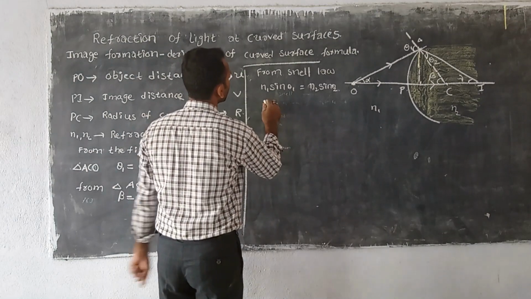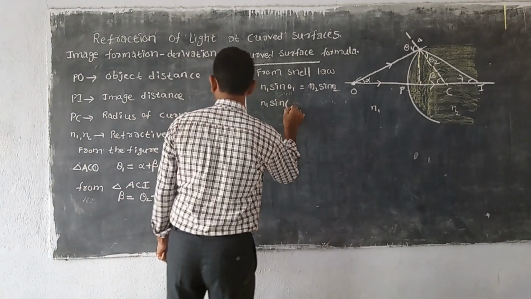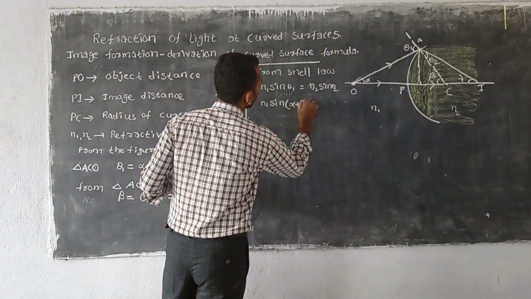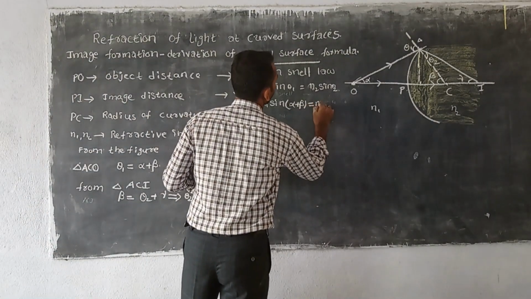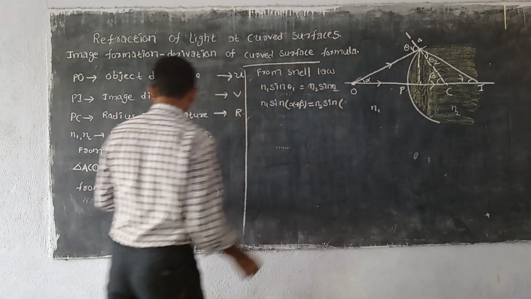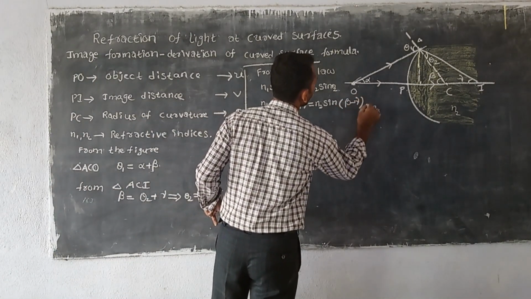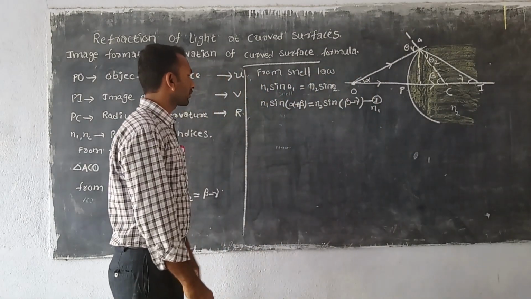Substituting the values: n1 sin of theta 1, where theta 1 means alpha plus beta, equals n2 sin of theta 2, where theta 2 means beta minus gamma. Just think this is equation 1.